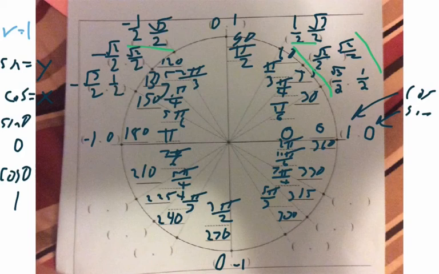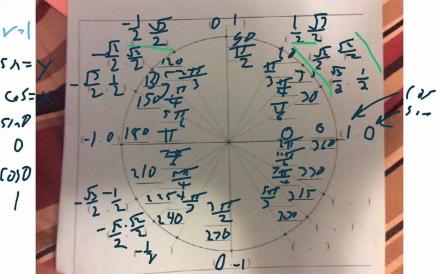Third quadrant, now both the x and the y are negative. Until we get to 0, -1.